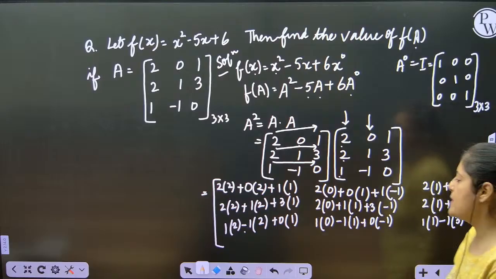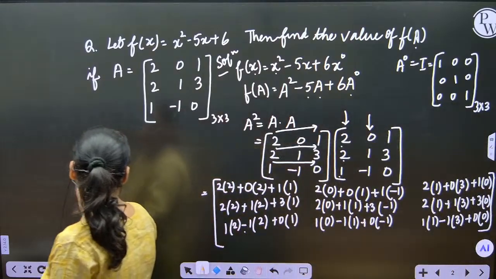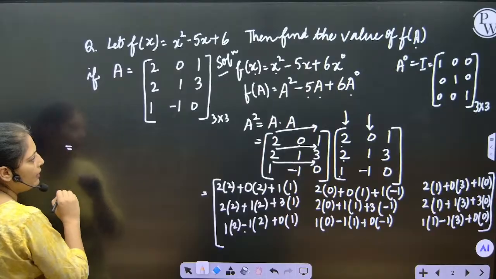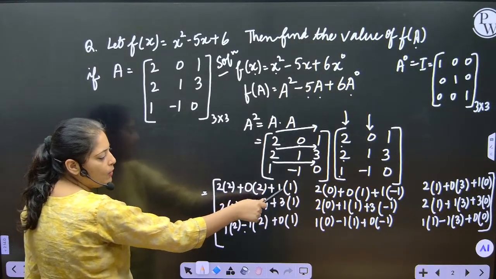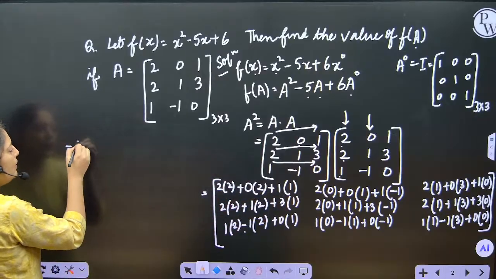Alright, now we will simplify this. On the left side I am simplifying. So what will it become? 2 into 2, 4, this will become 0, this will become 1. 4 plus 1, 5.